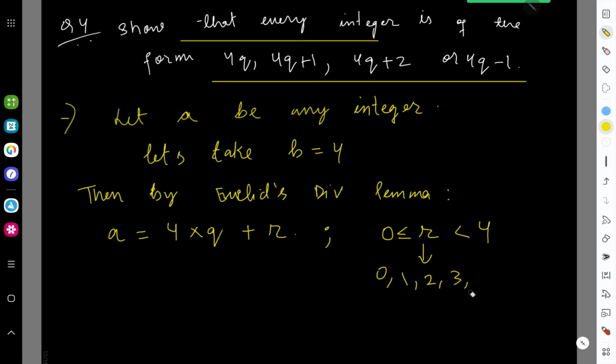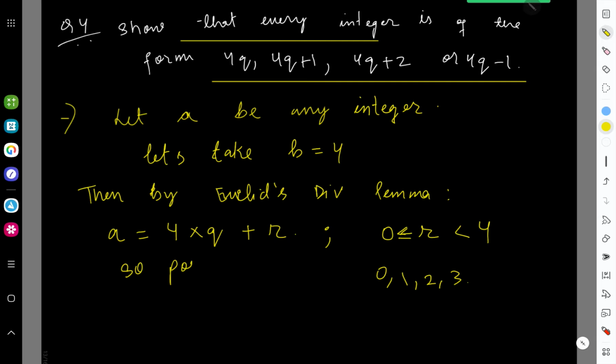Let me repeat that again. The value of r can be 0 because the condition says it can be equal to 0, and it can be greater than 0, so 1, 2, 3, but it should be less than 4. So these are the possible values of r.